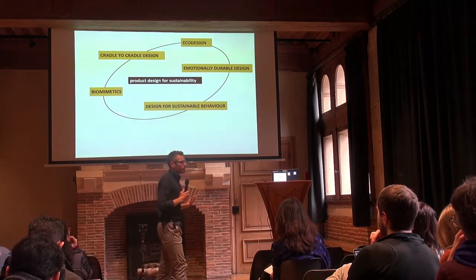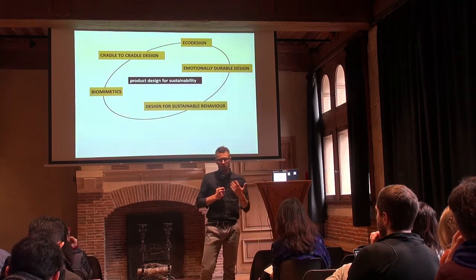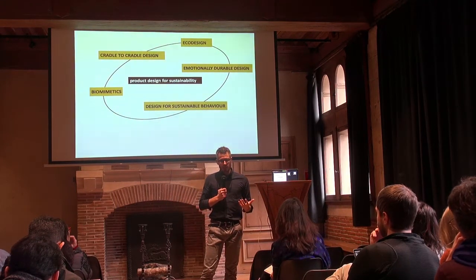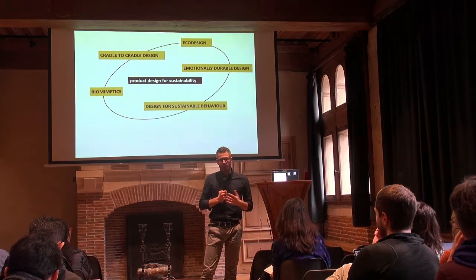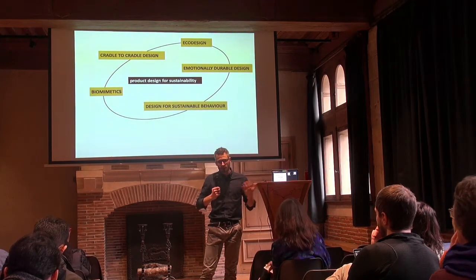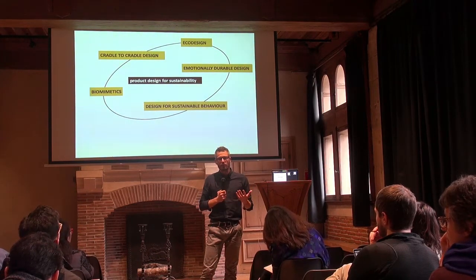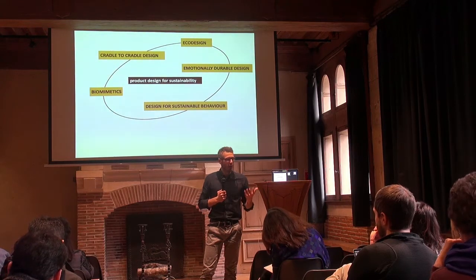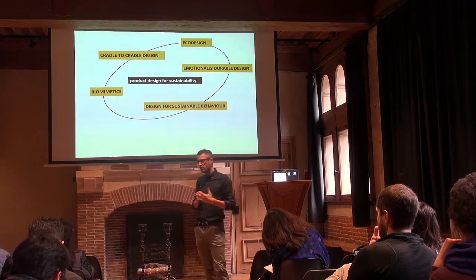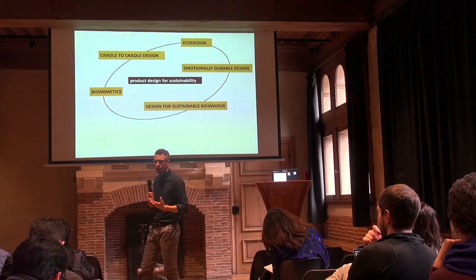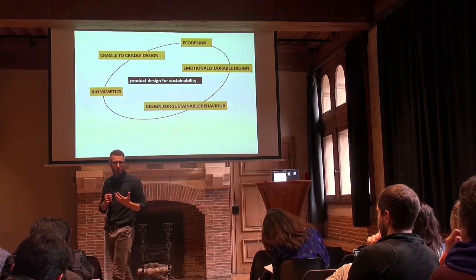The problem is that this is not enough if we want to address the sustainability problem. So we discovered in the late 90s that under discussion there are not only artifacts, but also patterns of consumption and the way in which needs are fulfilled.